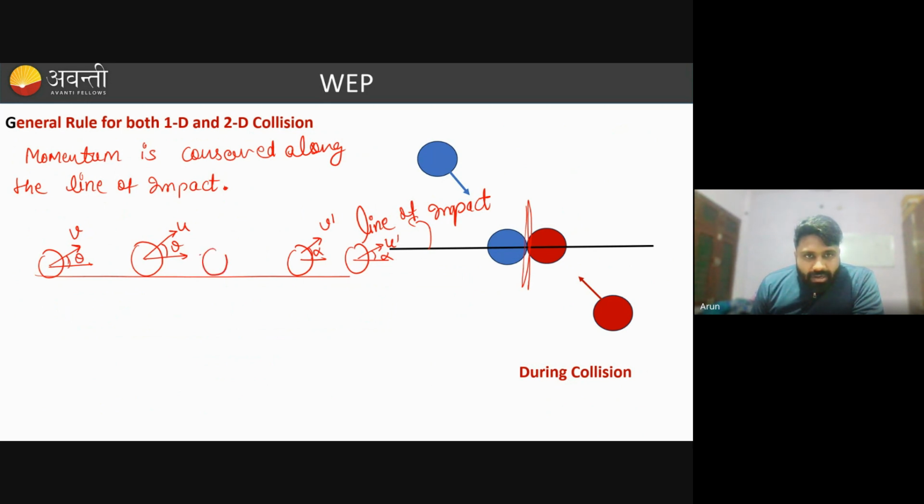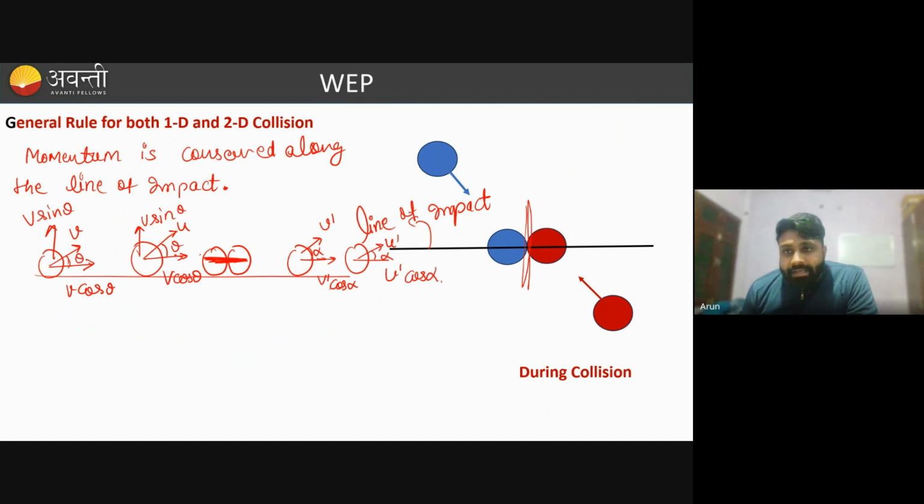If they collide, this will be the line of impact. I am taking the simple example of head-on collision. Along the line of impact, you can conserve the momentum. Resolving, it becomes v cos theta and v sin theta, and u cos theta and u sin theta. Again, it is v dash cos alpha and u dash cos alpha.